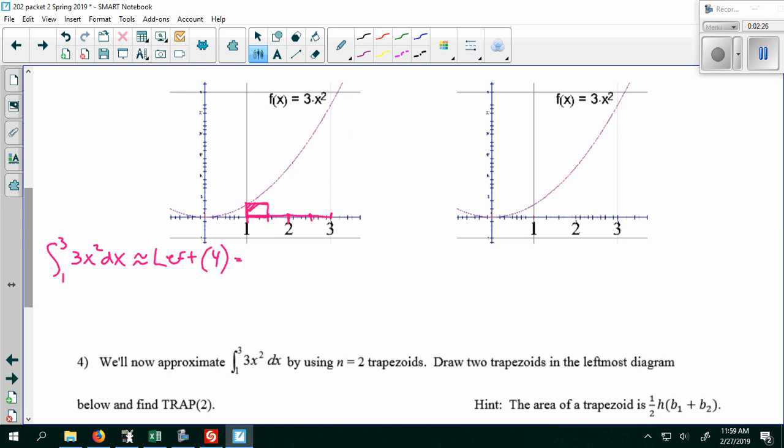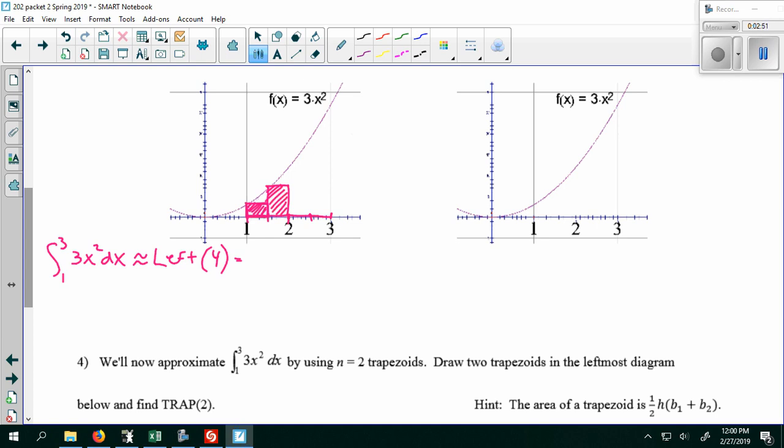So there's my first rectangle. My next interval from 1.5 to 2, I'm going to build a rectangle over that interval, and the height is going to be the height of the function 3x squared at 1.5, the left endpoint of the interval. So I go up to the function at the left endpoint, and build a rectangle at that height.